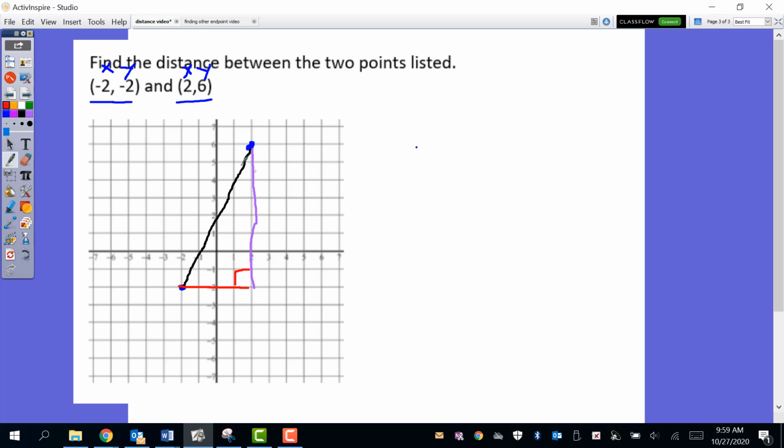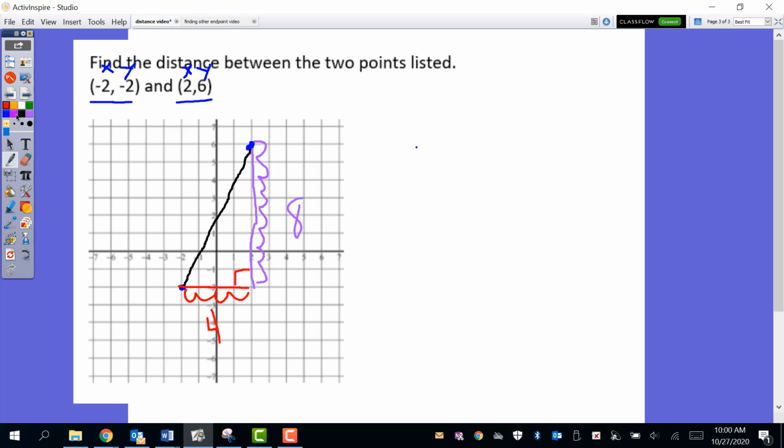Now I have to count how many blocks there are on the purple line and on the red line. On the purple, I have 1, 2, 3, 4, 5, 6, 7, 8. So I have 8 units. Then on my red one, I have 1, 2, 3, 4. I have 4 units.